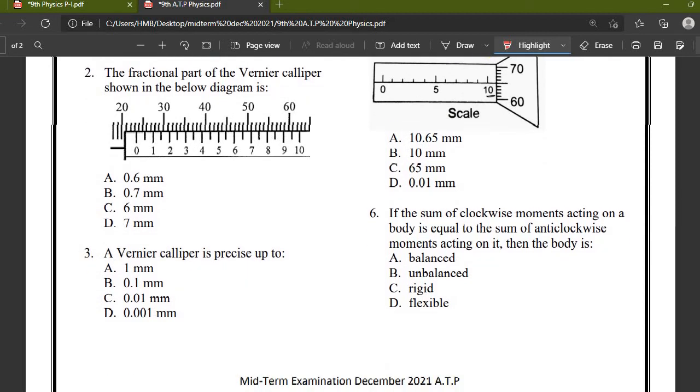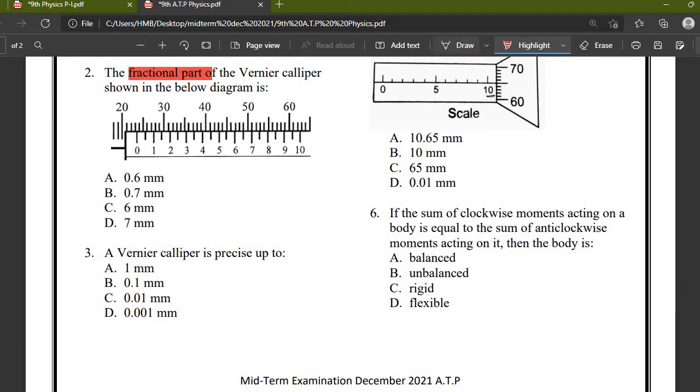Then we have question number 2. What is the reading of the vernier caliper shown in this diagram? So we have to find the fractional part, and fractional part is equal to least count multiplied by vernier scale reading. Least count of this vernier caliper is 0.01, while the vernier scale reading is the one that perfectly coincides with the lines on the main scale.